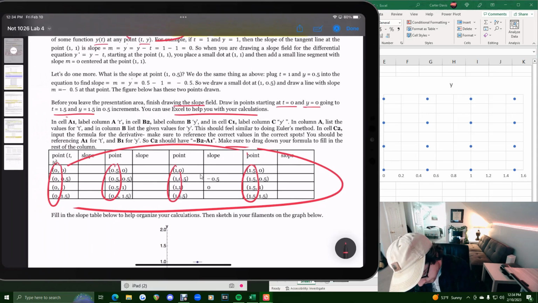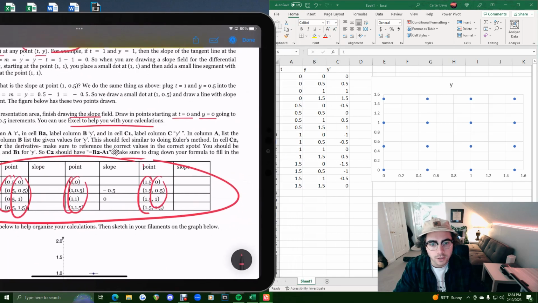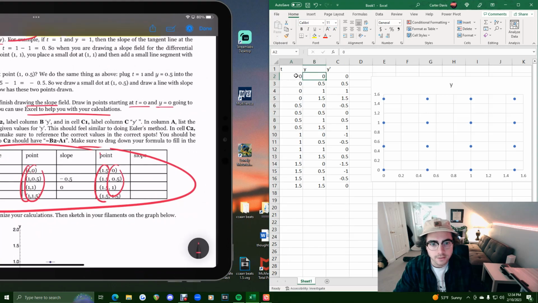The y values have a repetitious behavior as well: 0 to 1.5, copy and pasted four times. These pairs, (0, 0), (0, 0.5), and so on all the way down, will give us all the slopes they're asking for.